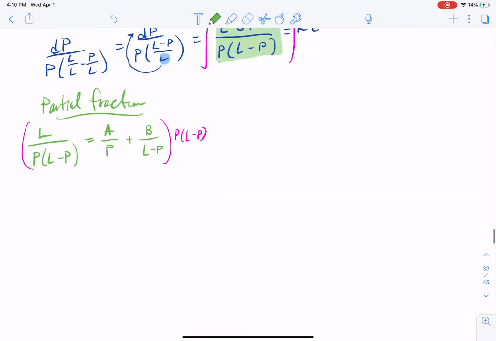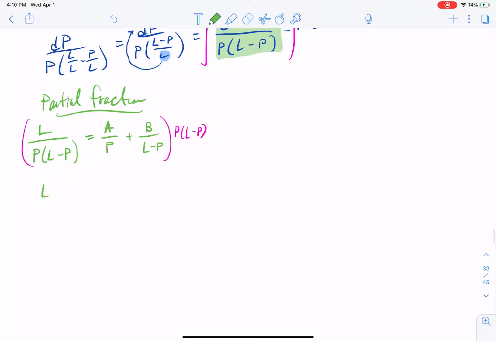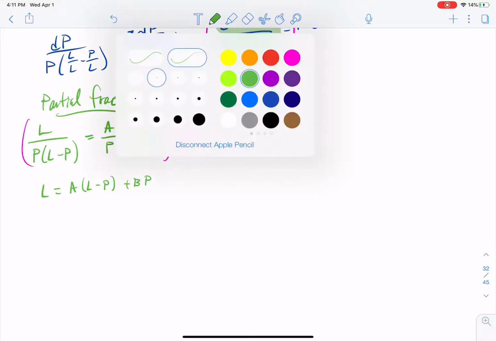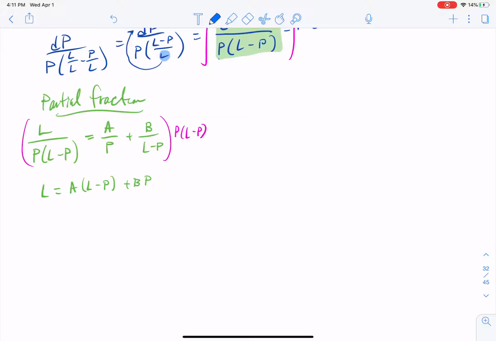And we have the basic equation, which will look like L is equal to A times L minus P plus B times P. Now remember, to solve the basic equation, you pick some totally convenient values for your x, in this case P, to make a term disappear. The first one is going to be P equal to 0.